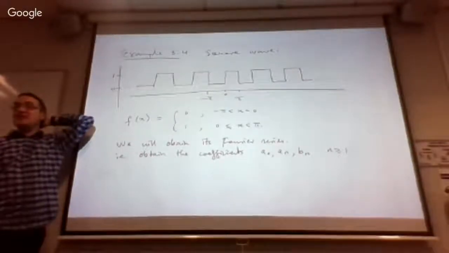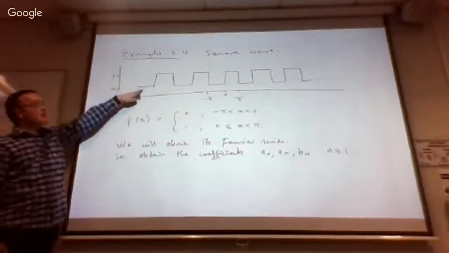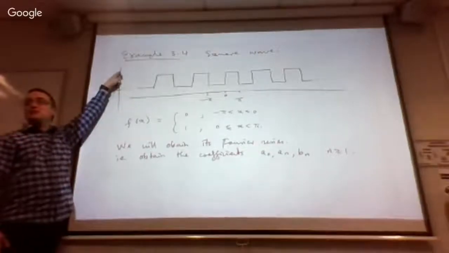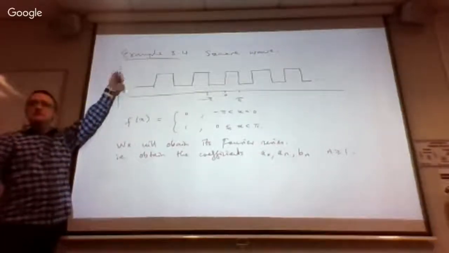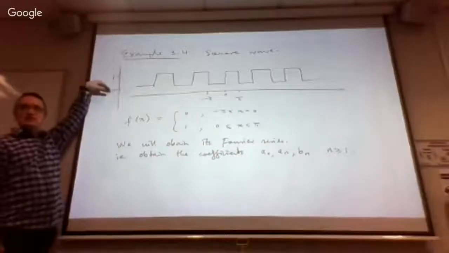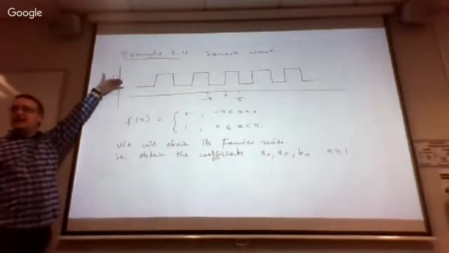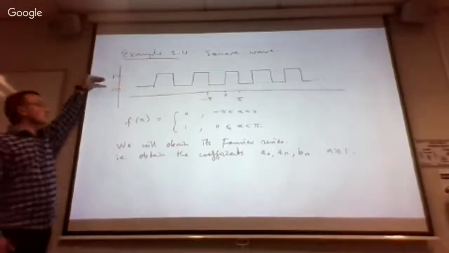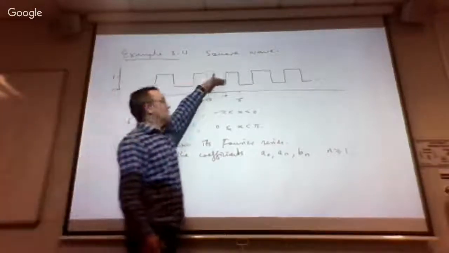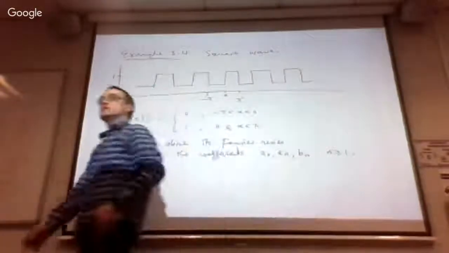A half is the best value, because half the time it's 0, half the time it's 1. You might argue for choosing 0 or 1, but the fairest middle of the road value would be a half, just the average value that it takes.